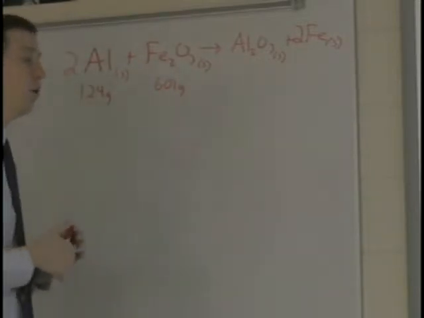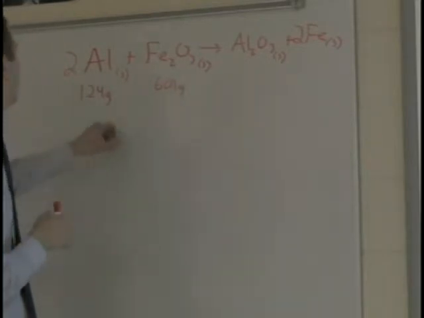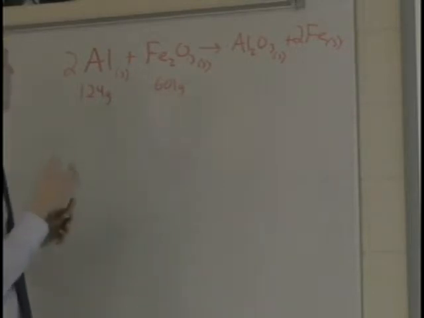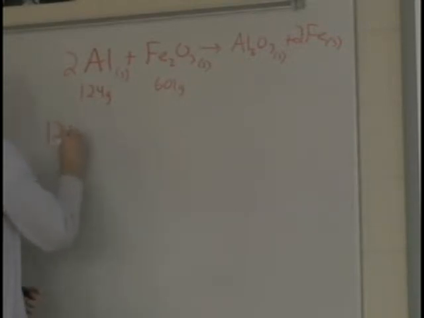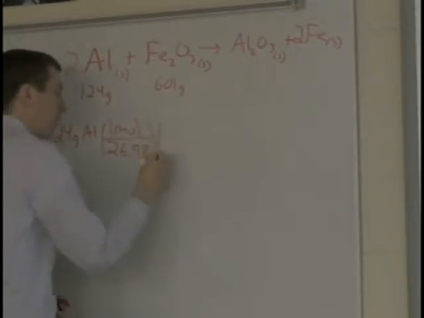The way you know that this is a limiting reagent problem and not just a normal stoich problem is I'm giving you the mass of both reactants. And if that's the case, the first thing you're going to do is start with the grams of one of them and convert it to the other. So if I started with 124 grams of Al, my first conversion is 1 mole over 26.98. That's the grams from the periodic table.